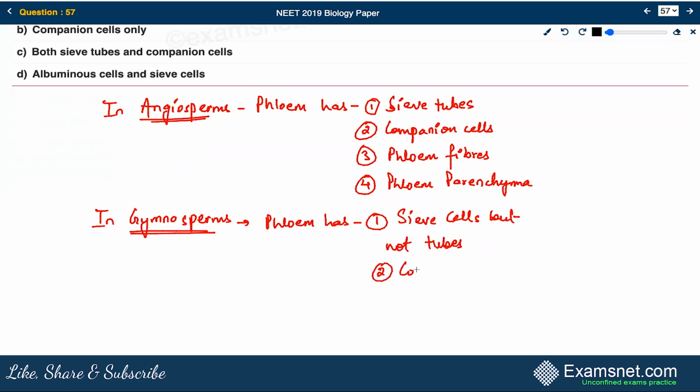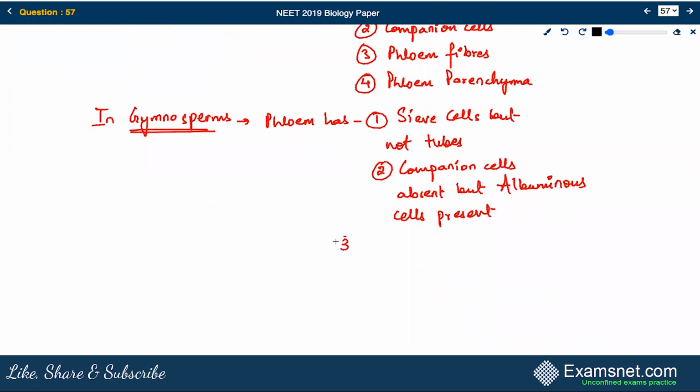So companion cells are absent, but albuminous cells are found. And apart from that, they also have phloem fiber and phloem parenchyma.